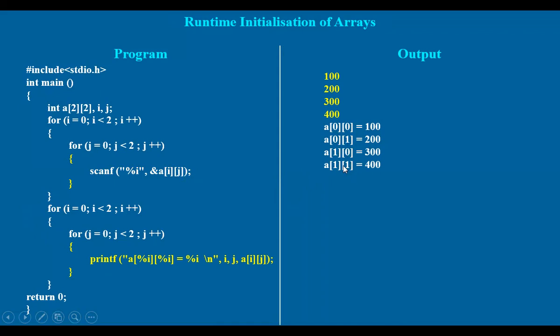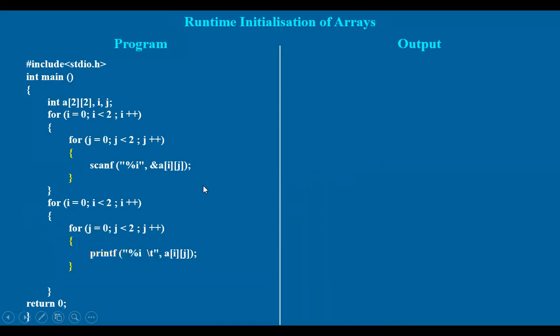But still, suppose you want more clarity. All the elements are displayed in order, right? But suppose I want to have these elements in a different way, in a matrix format, a 2 by 2 matrix. For this, we do one thing.